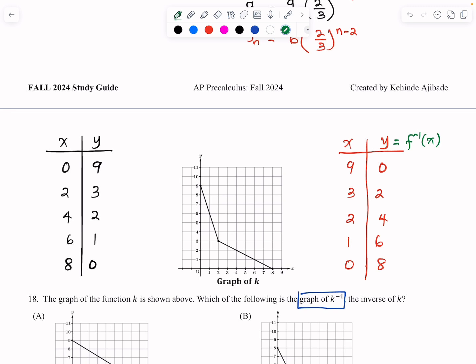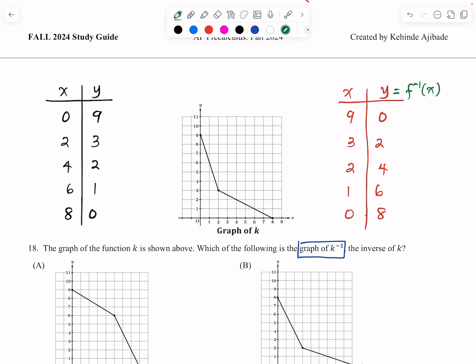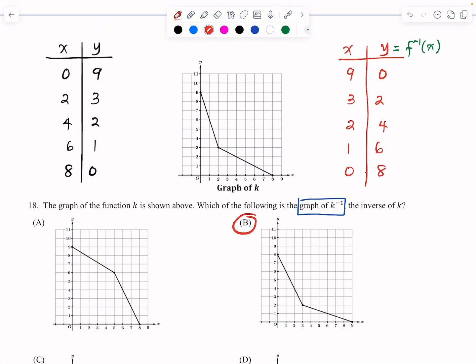So which of these graphs is going to produce this table right here? If you look carefully, that graph would be option B, because I just said that when x is equal to 0, you have your y equal to 8.